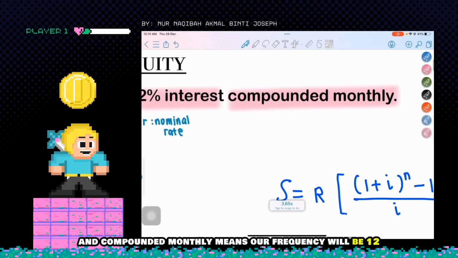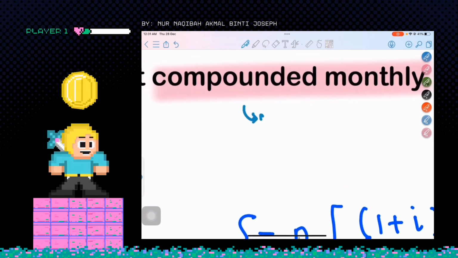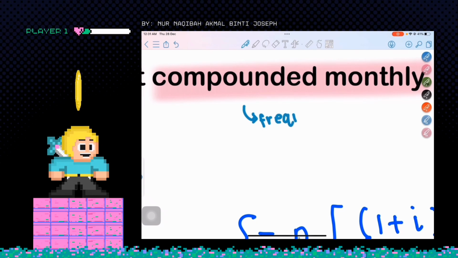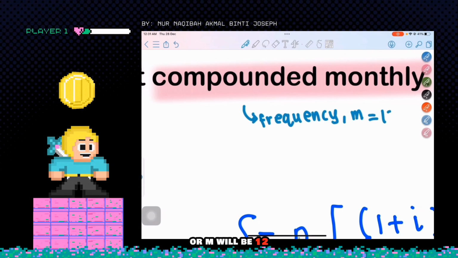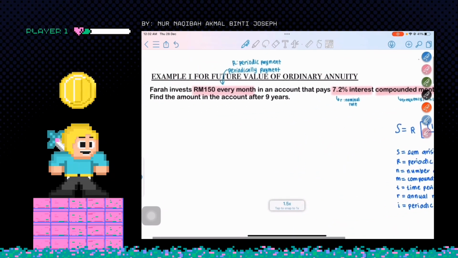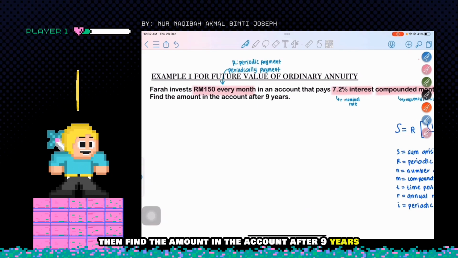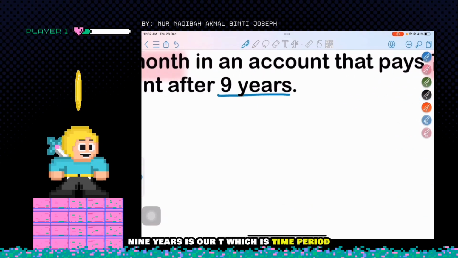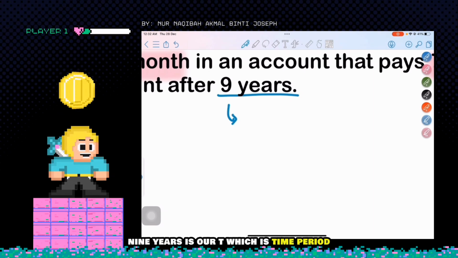Compounded monthly means our frequency, m, will be 12. Then find the amount in the account after 9 years. 9 years is our t, which is the time period.